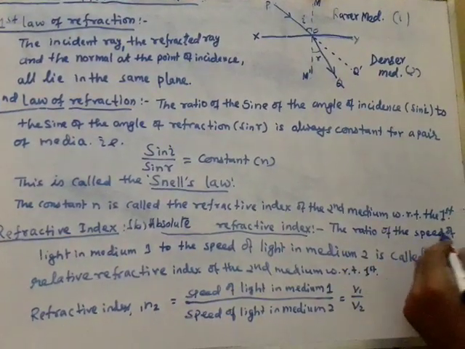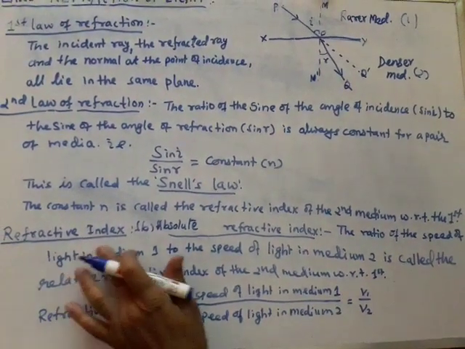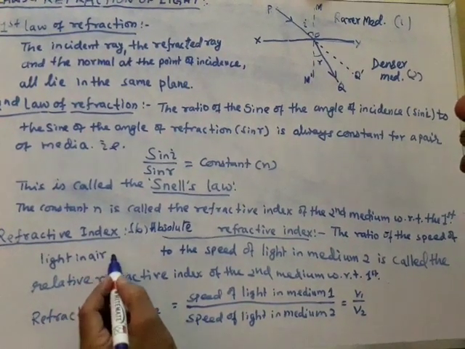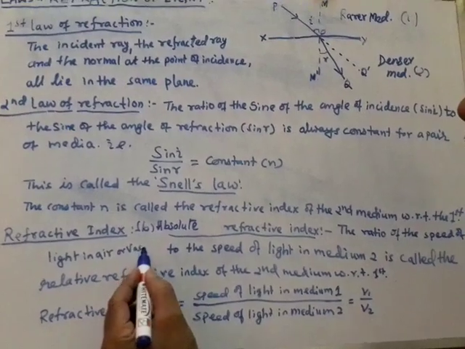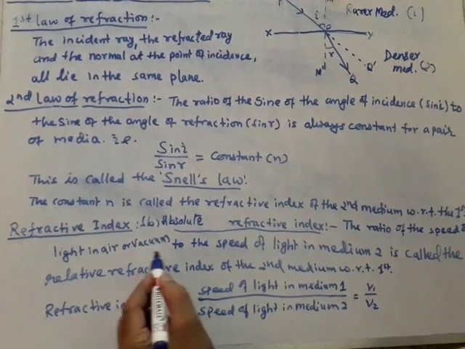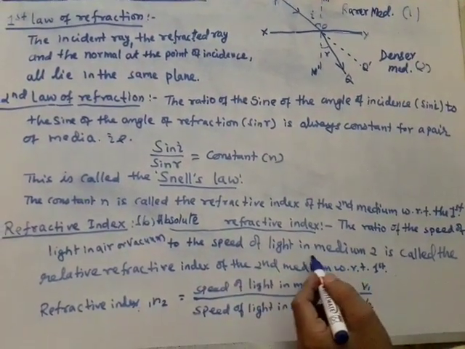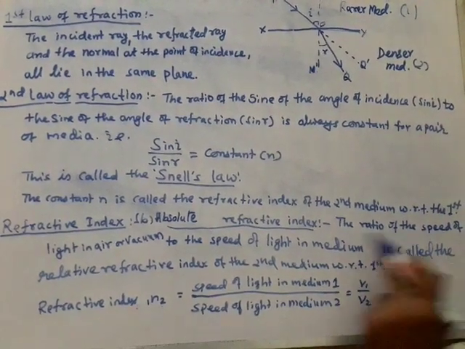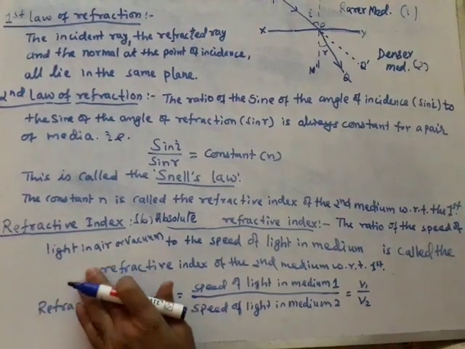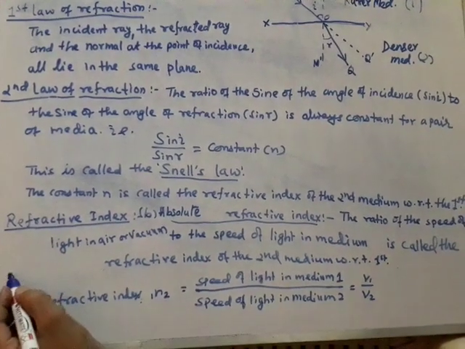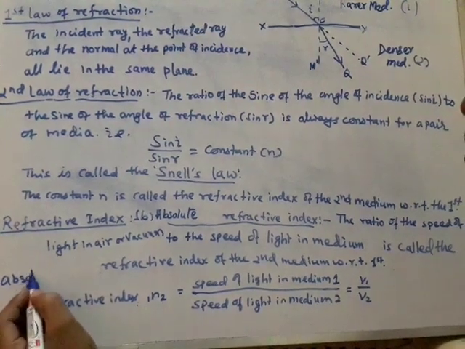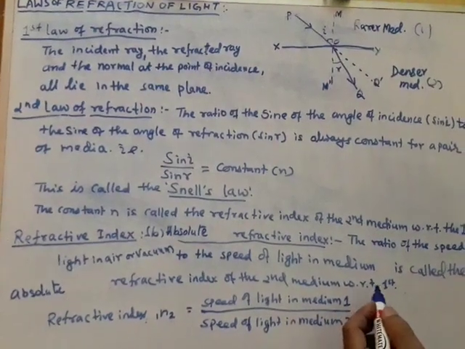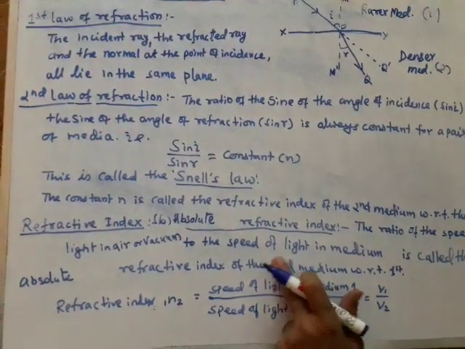This is the ratio of the speed of light in air or vacuum to the speed of light in the given medium, and it is called the absolute refractive index of the second medium, or of the given medium, right?